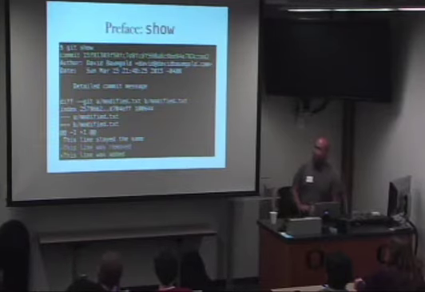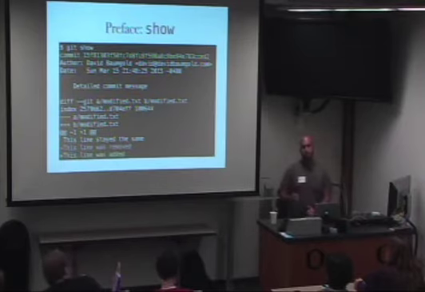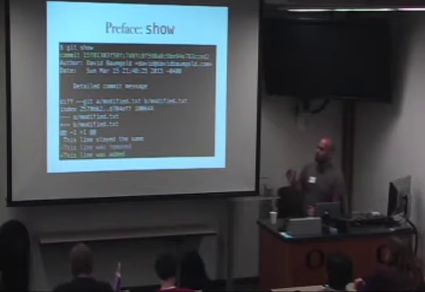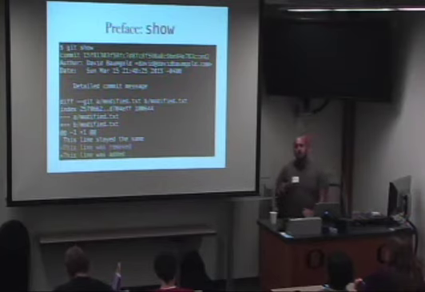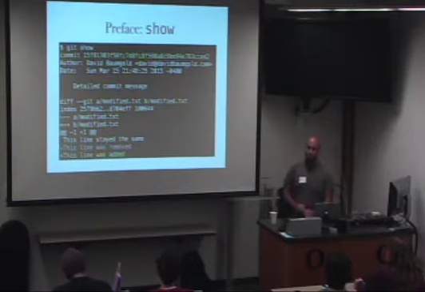The next thing I want to go over is another command called git show. Now git show is a command that's used to get more detailed information about a commit. There's a bunch of things that you can see here. At the very top, there's a line that says commit and has a really long jumble of letters and numbers. That is called a commit hash. The commit hash is a unique identifier for a commit. Every single commit in your repository is going to have a different hash.